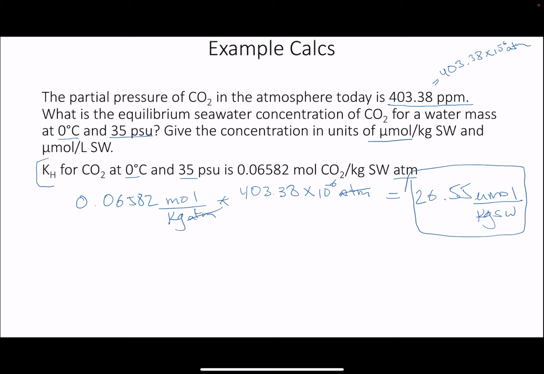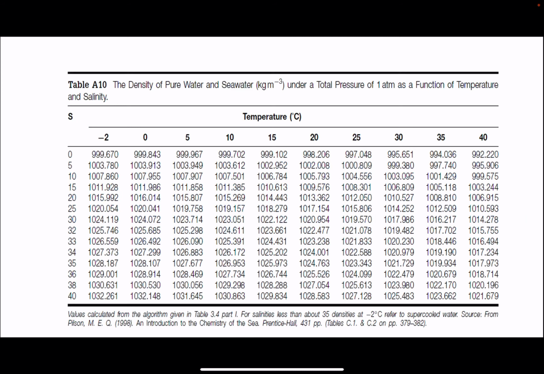I've also asked you to give it in micromoles per liter seawater. And to go from micromoles per kilogram seawater to micromoles per liter of seawater, you need to know the density of seawater. So you would then go to a density table. Here I've got a density table. Of course, you'd need to be given a density table.